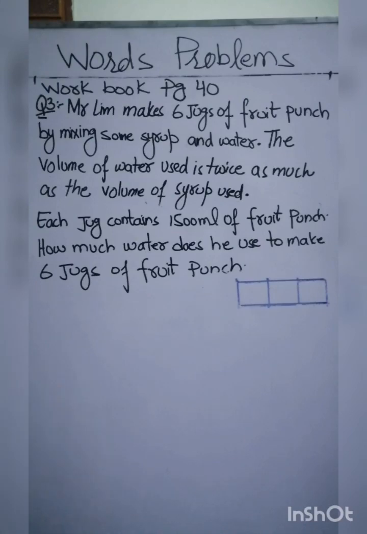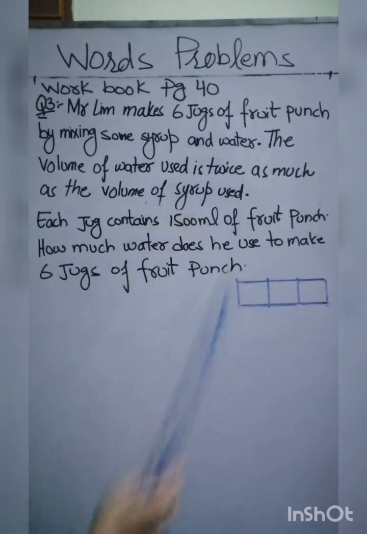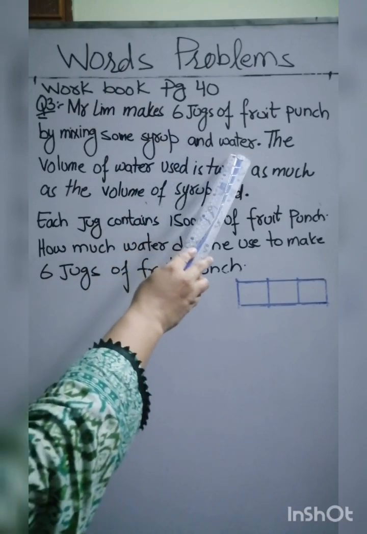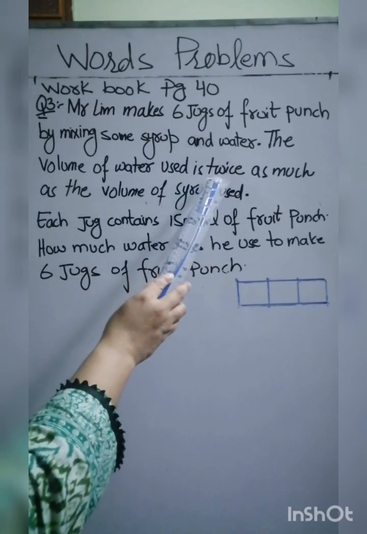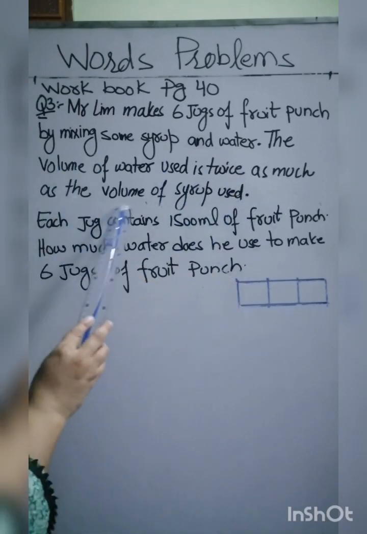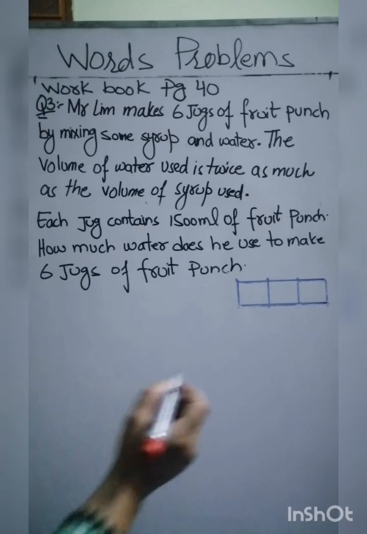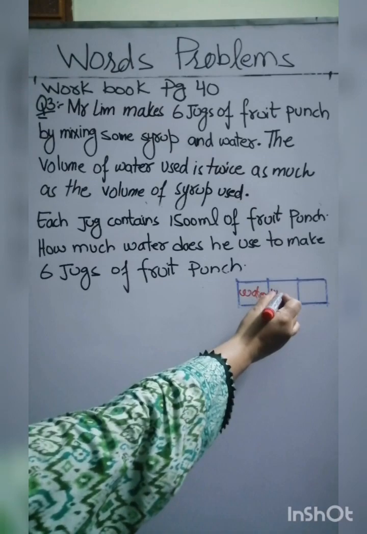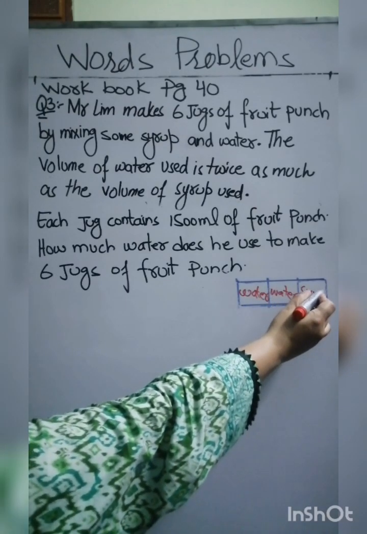Now we have question number 3. Mr. Lim makes 6 jugs of fruit punch by mixing some syrup and water. The volume of water used is twice as much as the volume of syrup used. It means if there is 2 times water, then 1 time syrup.